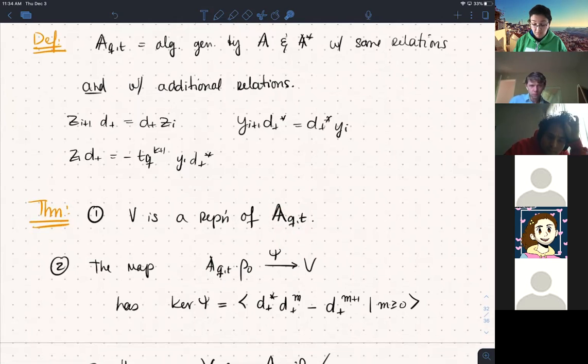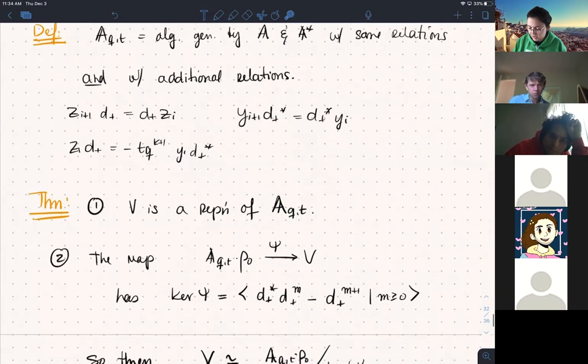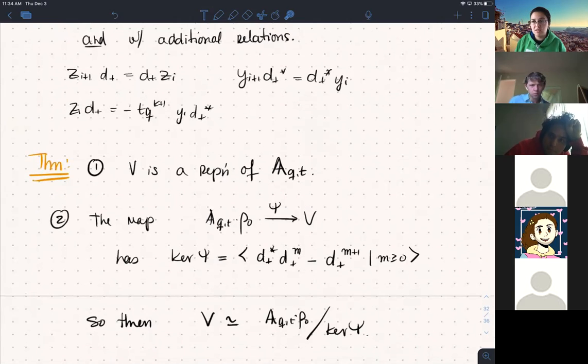The statement of the theorem is that this map has kernel exactly given by that extra relation that we didn't bake into the definition of AQT. And what that tells us, basically an isomorphism theorem from algebra 1, is that this vector space V is equal to the image mod the kernel, or essentially that it's this space modulo this ideal.